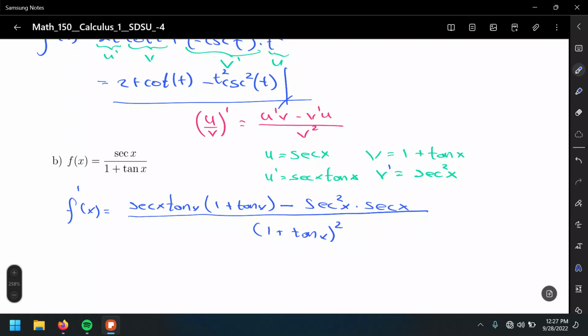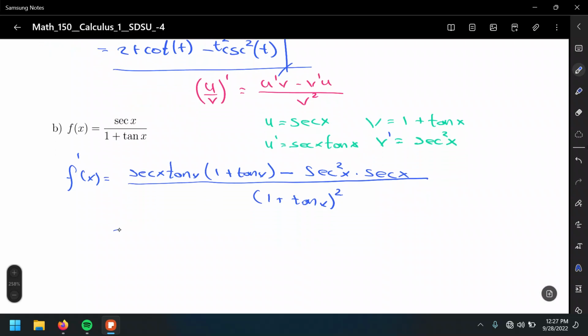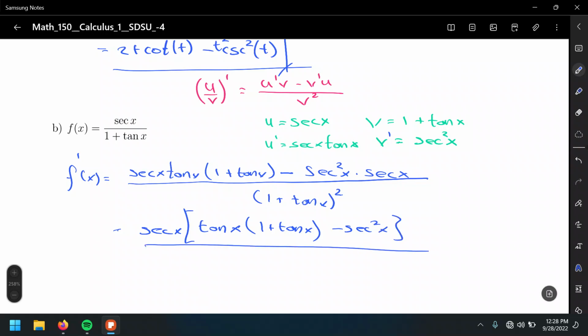Alright, let's see if we have anything interesting to factor out. Maybe, well, all we have here is secants, right? And over here we have 1 power of secant, so there's really not that much. So let's just factor secant. That's going to give us tangent x times 1 plus tangent and minus secant squared. Well, there's actually going to be some cool stuff to simplify here, you'll see.